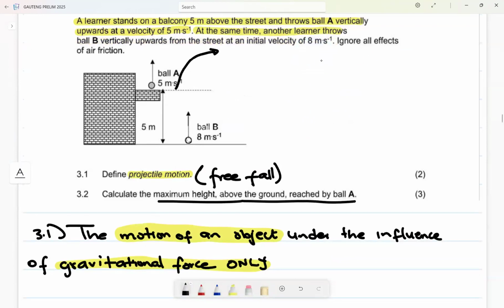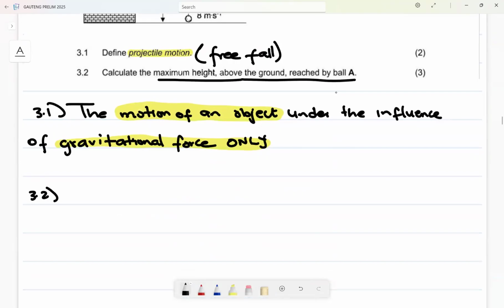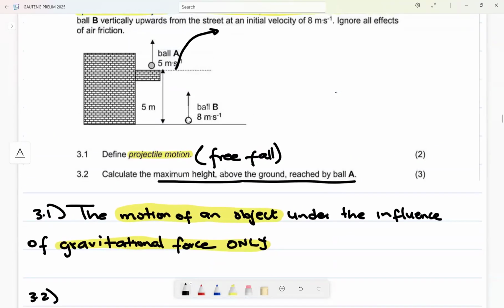Let's try to do that on 3.2. We know that at the maximum height, the velocity is 0, and we want the change in y. I'm going to choose upwards as positive for all my calculations. Acceleration is negative 9.8 meters per second squared. I can use which formula?